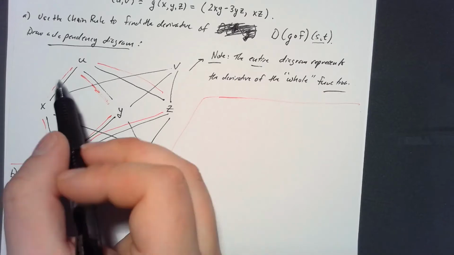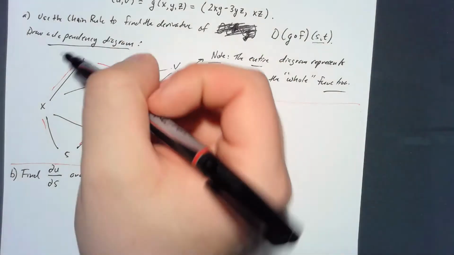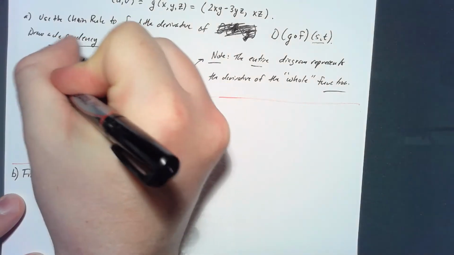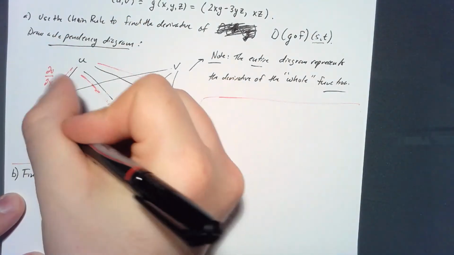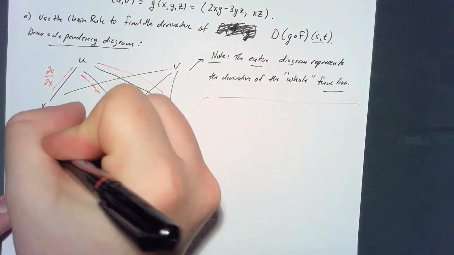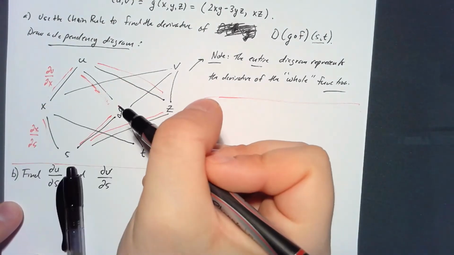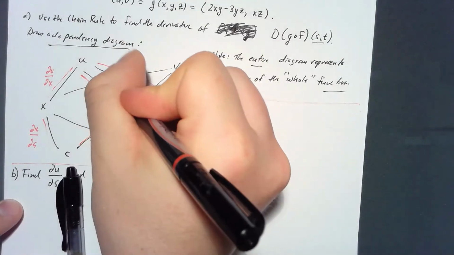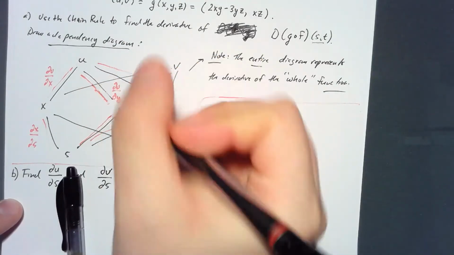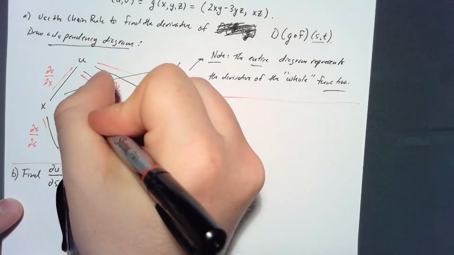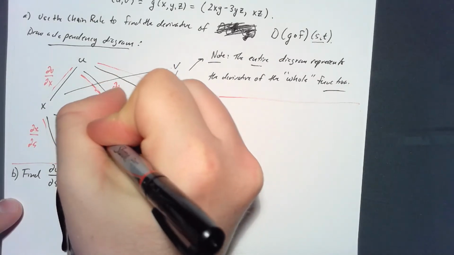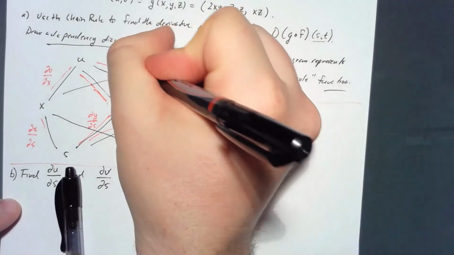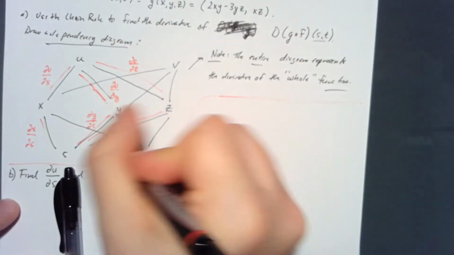So now you just multiply. Each branch represents partial derivatives: this is du/dx, this is dx/ds. This branch right here is du/dy, and this one is dy/ds. And then finally, this is du/dz, and this is dz/ds.